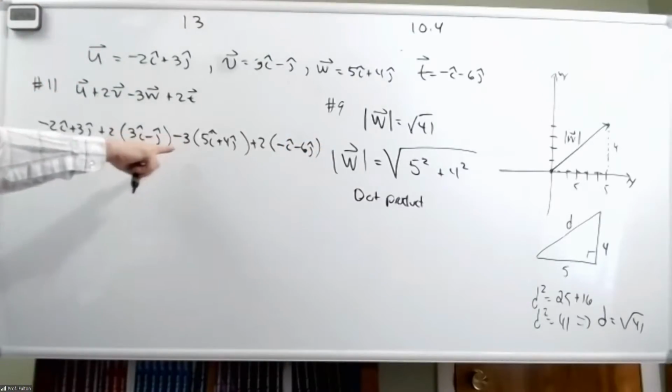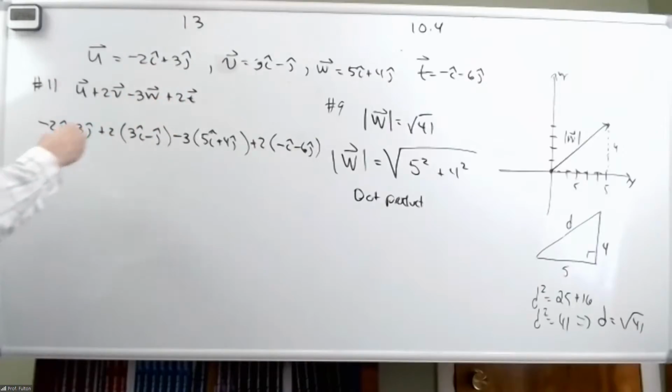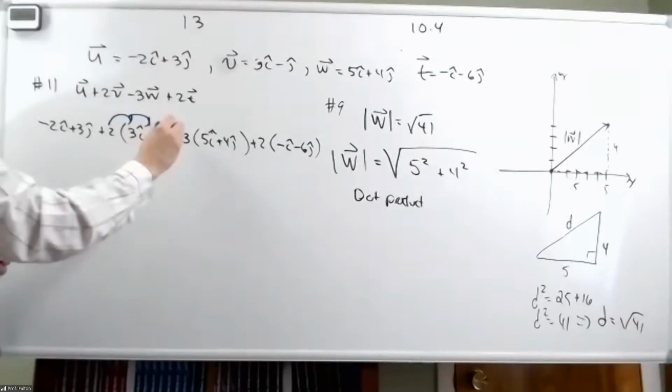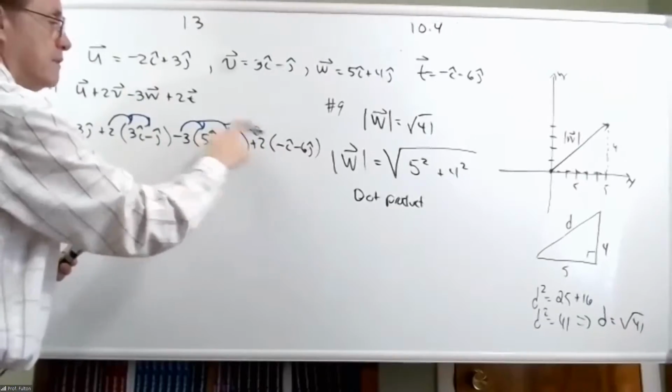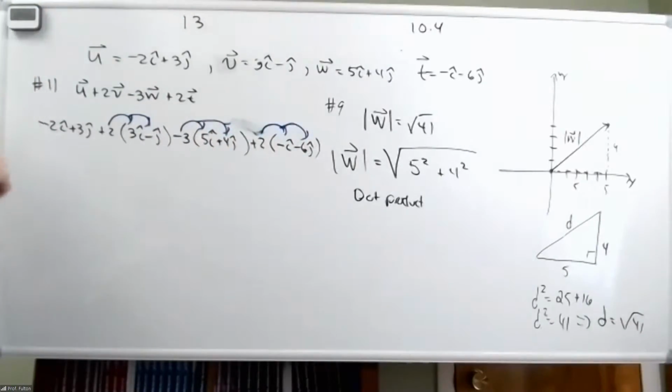Let's distribute the 2, negative 3, and the 2. So I'm just going to distribute each of those, one at a time. First one doesn't change. It just stays as a minus 2 in the i, plus 3 in the j.